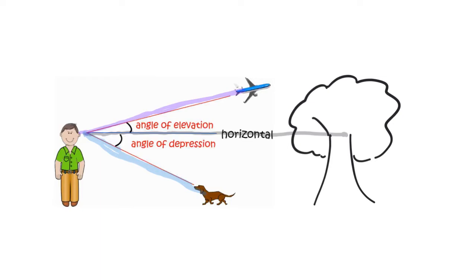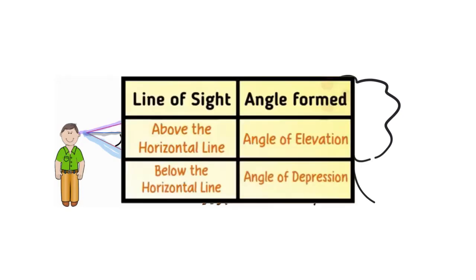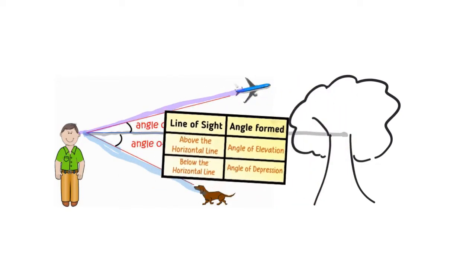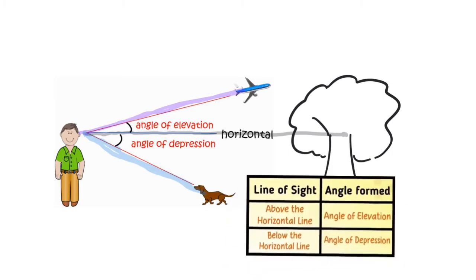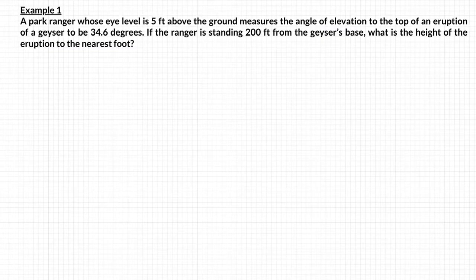But you see, if you're looking below, it forms an angle of depression. Okay, so I got this right here. Line of sight above the horizontal line is angle of elevation. Line of sight below the horizontal line is angle of depression.